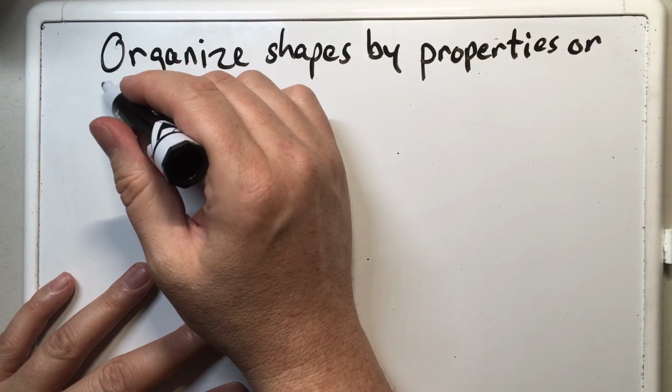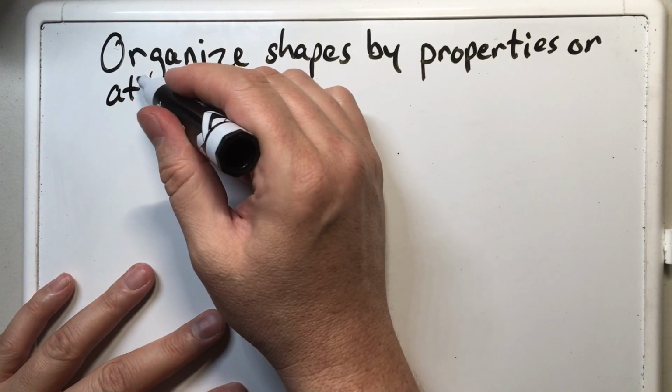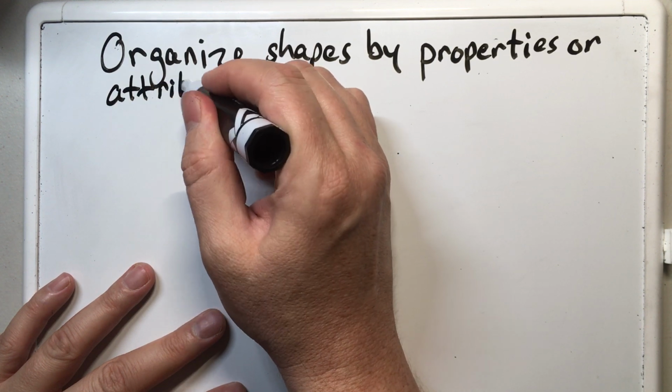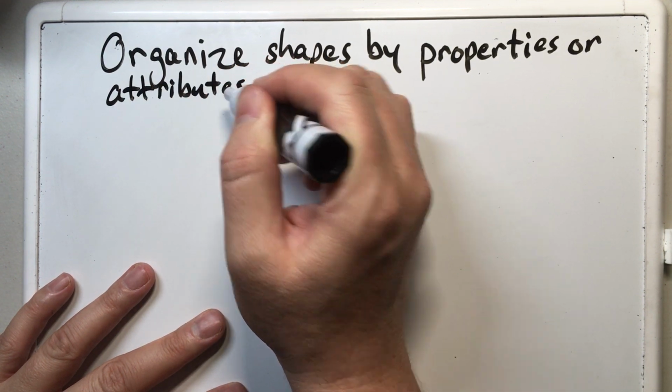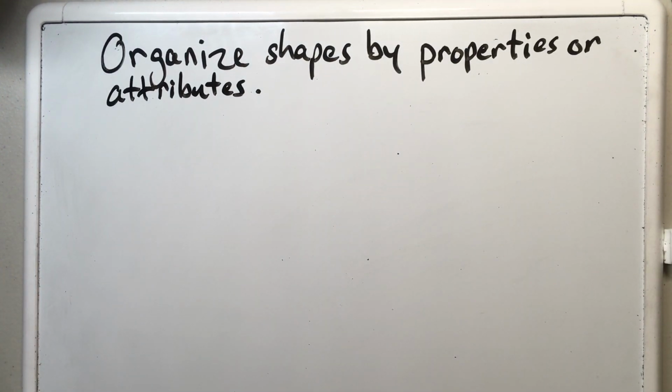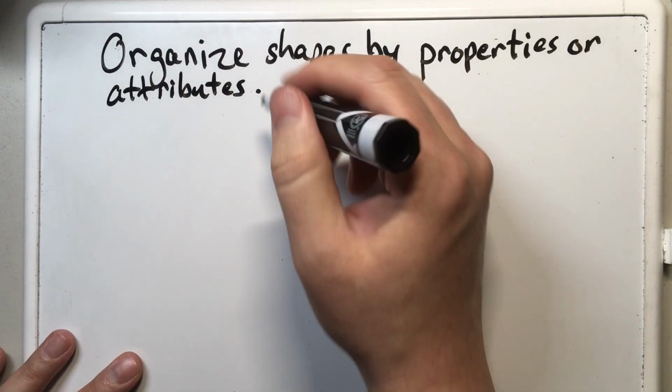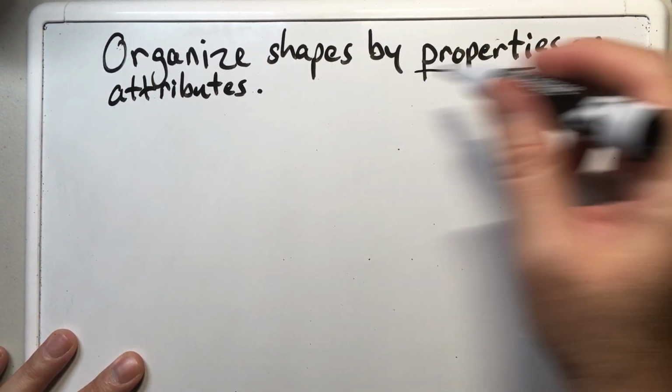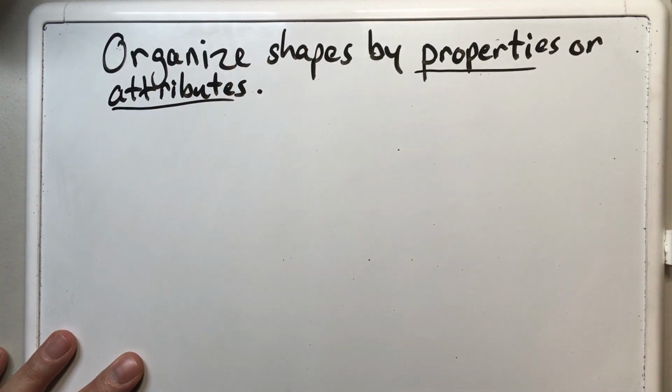Okay, these are synonyms, by the way. Properties and attributes. Okay, so what that means is what they look like. Synonyms, they mean the same thing.